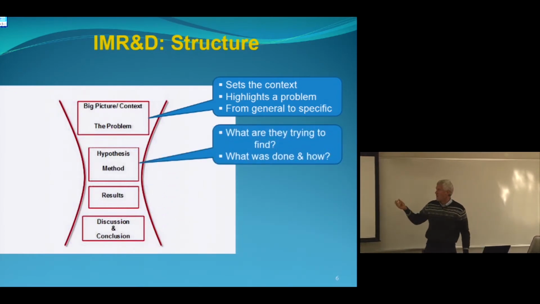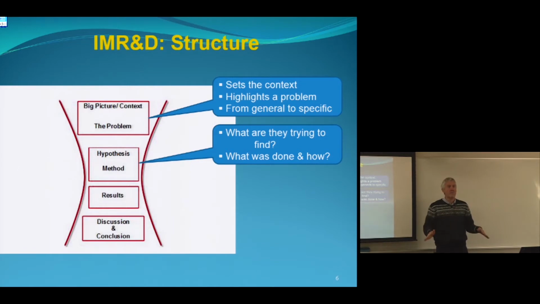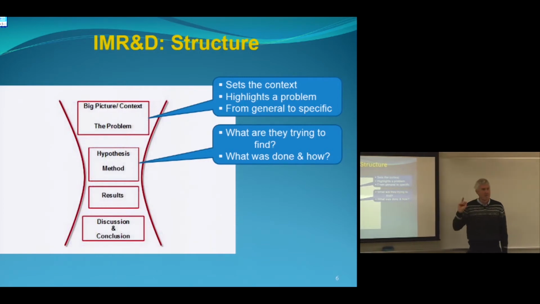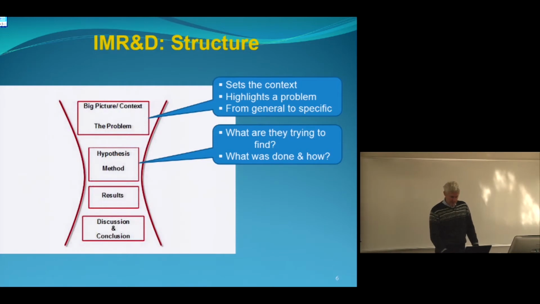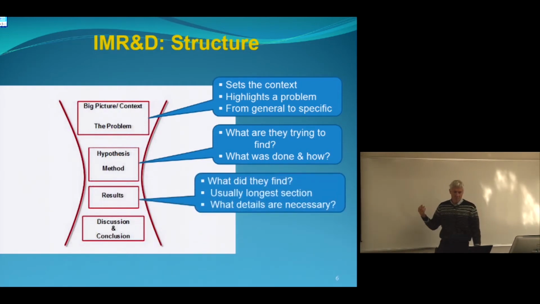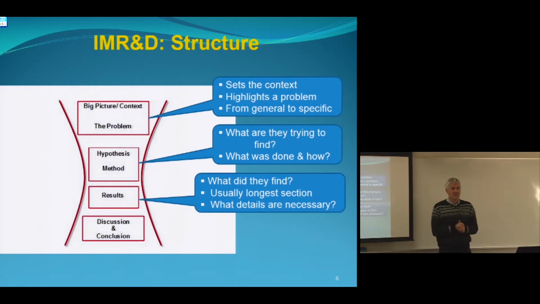Then, in the hypothesis or the method, this sets the whole tone for the paper. It tells what the specific focus for this particular paper is, what they are trying to find, and what was done and how. Then when you get to the results, you want to tell the audience what they found, but not just figures.